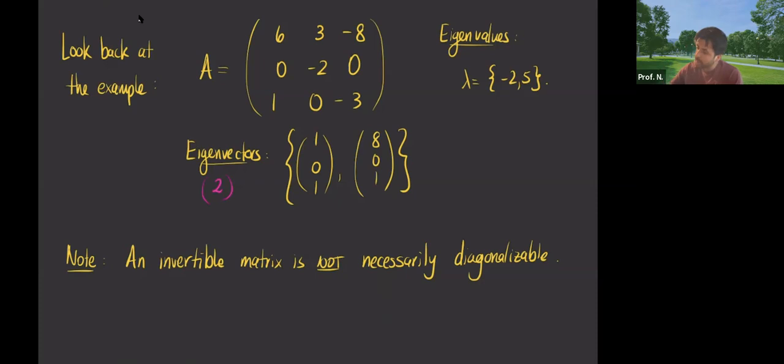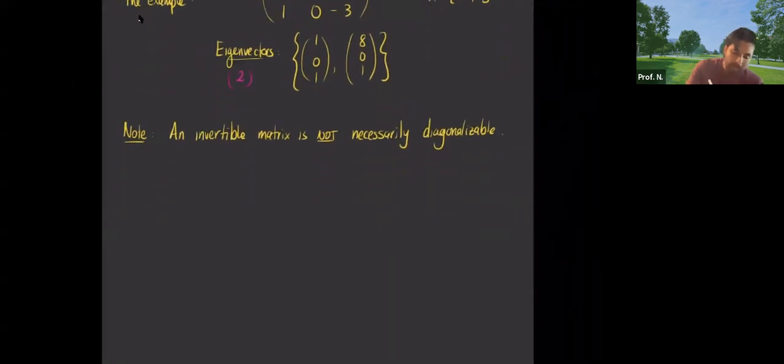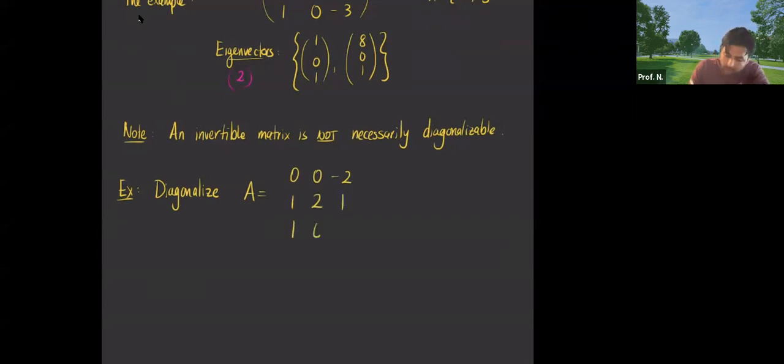Okay. Again, because you're invertible does not mean you're diagonalizable. Okay. So let's try to diagonalize the matrix 0, 0, -2, 1, 2, 1, 1, 0, 3.